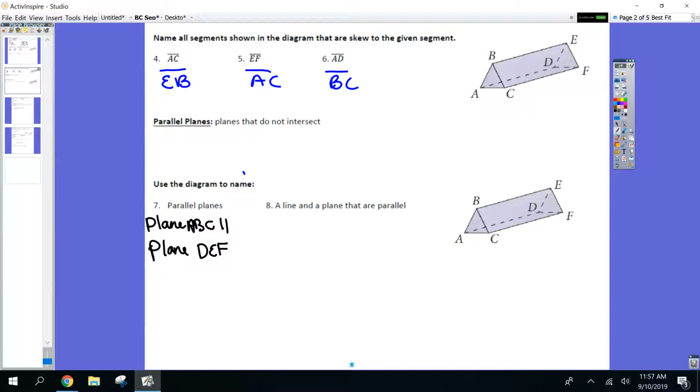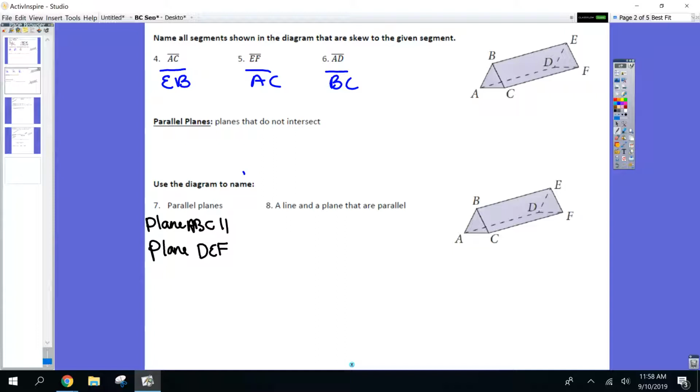All right, ready for a challenge, honors kids? Lines can be parallel. Planes can be parallel. But can a line be parallel to a plane? Yes, it can. Remember the two planes we just had parallel? From ABC, name me a line. BC. Okay.